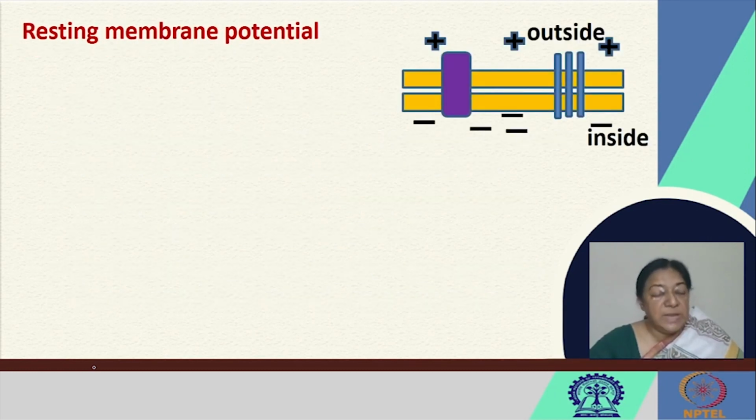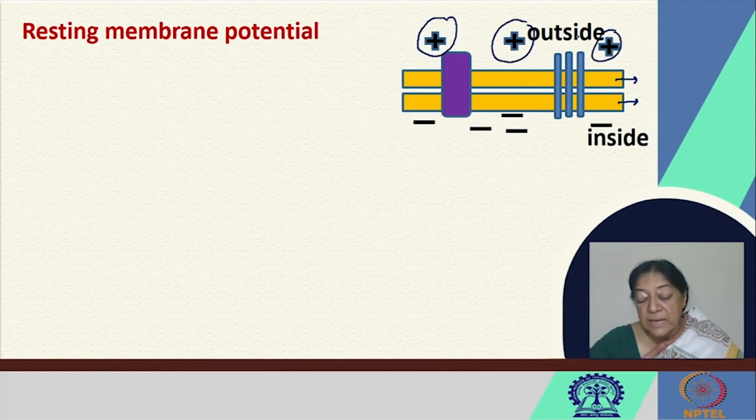For the membrane potential, if we try to understand what we mean by a resting membrane potential, we saw the lipid bilayer. These are the two leaflets that we have. On the outside, we saw there were more positive ions, and inside there were relatively more negative ions because of the expulsion of cations, preferably from the inside of the cell.